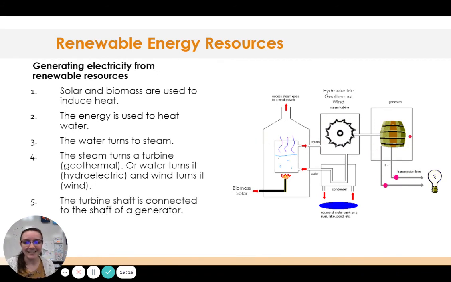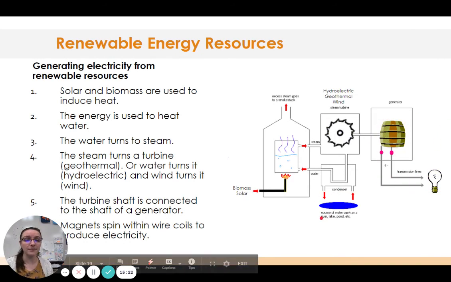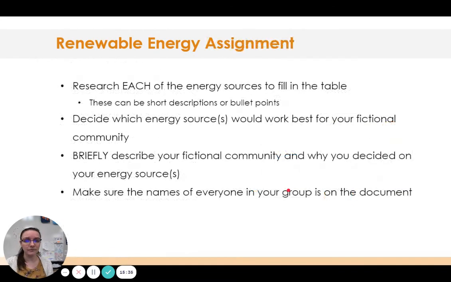The turbine is connected to a generator, and some magnets spinning in that generator create electricity. So it is always, how are you managing to spin this turbine? With fossil fuels, it is coal or oil or gas that you are burning to create the same effect.